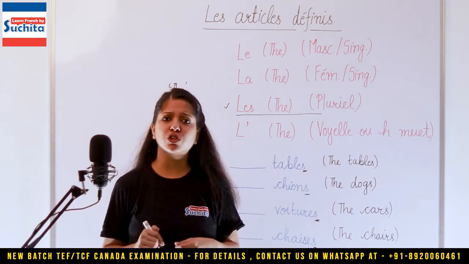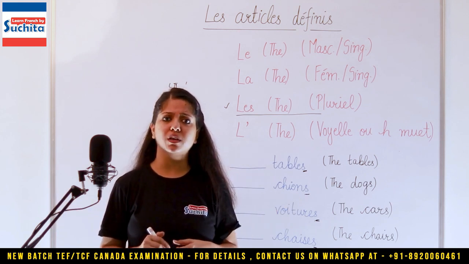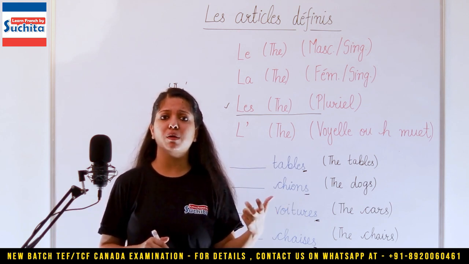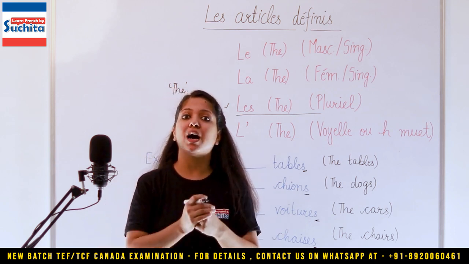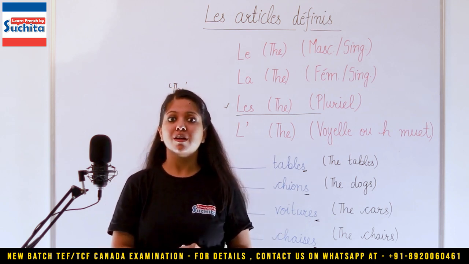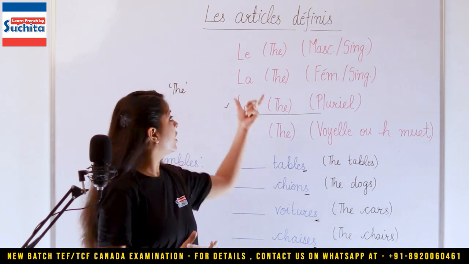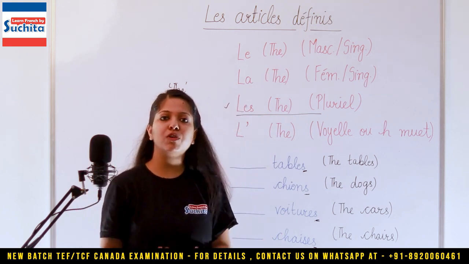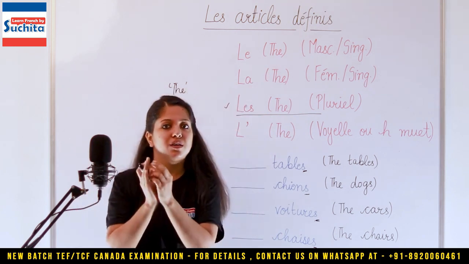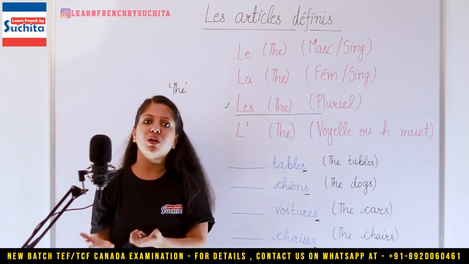Right? So how do you get to know that the other person who is talking is talking about something which is singular or plural? That you get to know by the article he or she is using. So let's say if I'm using the singular article, I'm talking about the singular table. And if I'm using the plural one, we say that the word table is plural in that case.